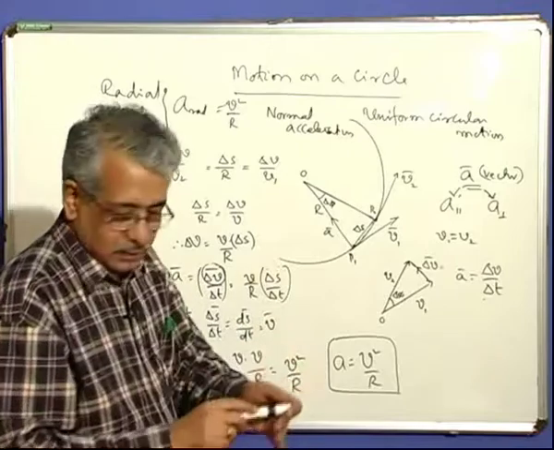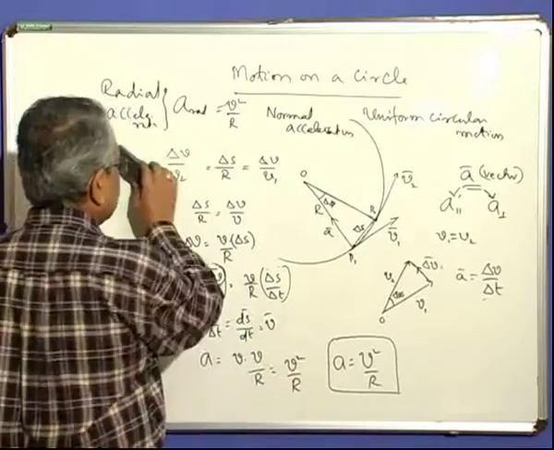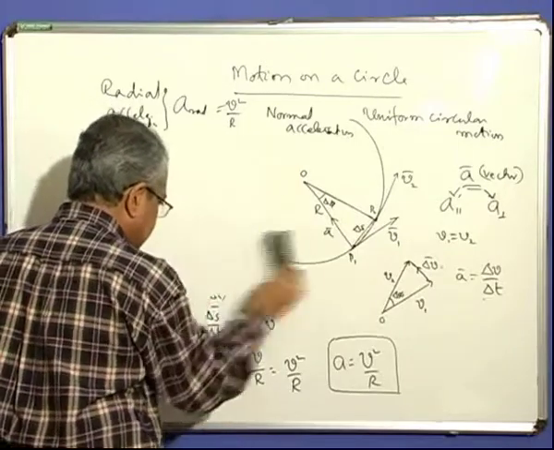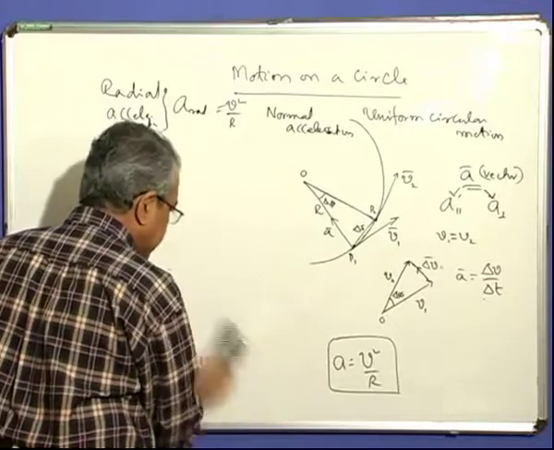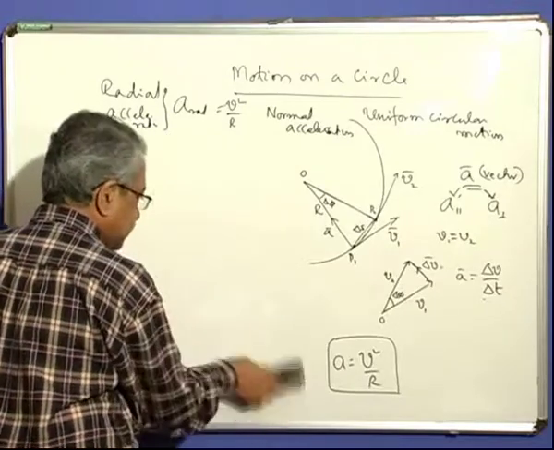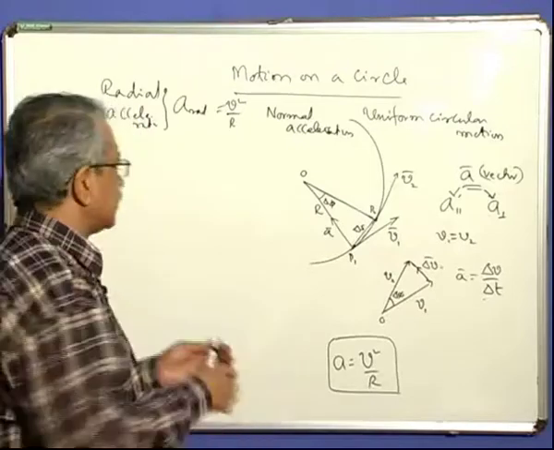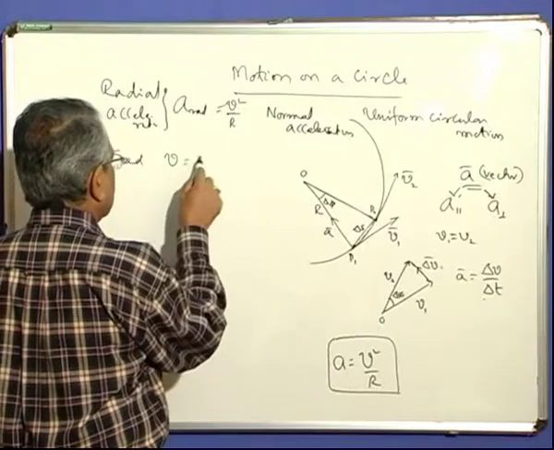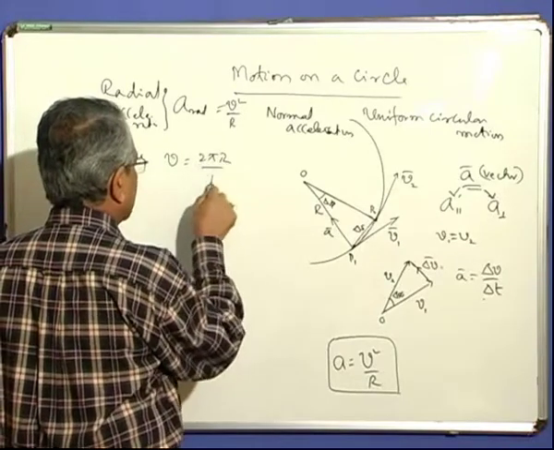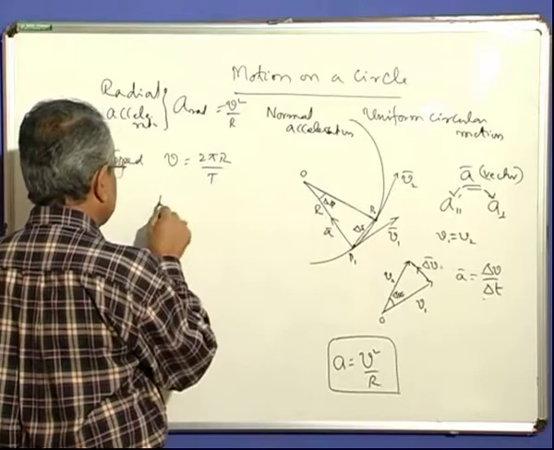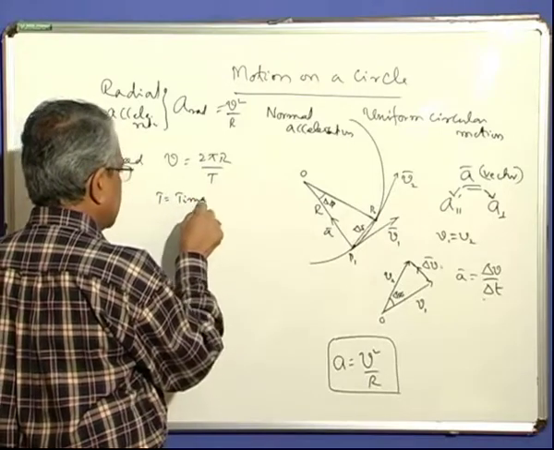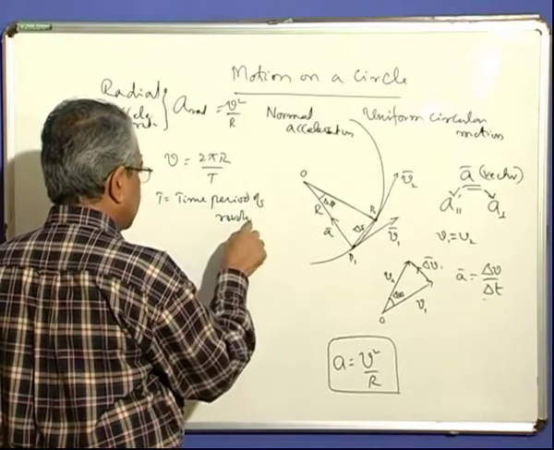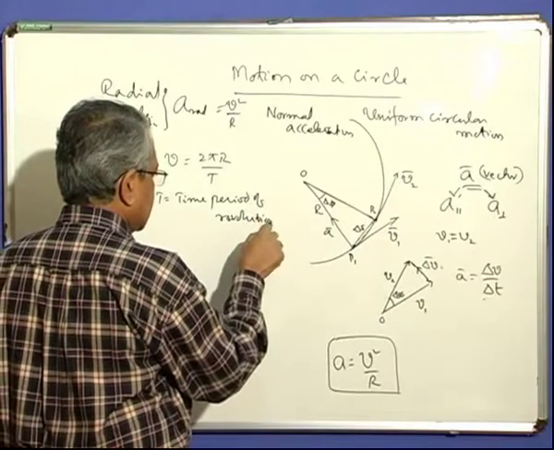This equation of acceleration can also be represented in terms of time period. Now that it is traveling with uniform speed throughout, the time taken for every revolution will be the same. So the speed v is given by 2 pi r by T, where T is the time period of revolution, the time taken for one complete rotation.